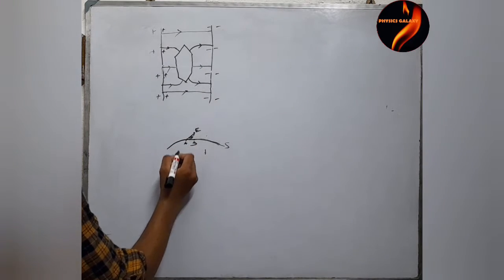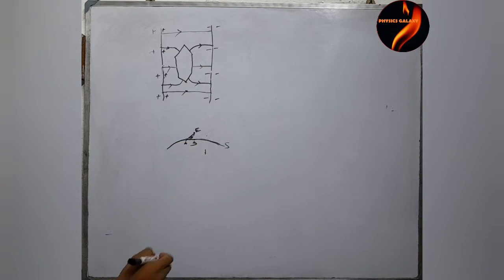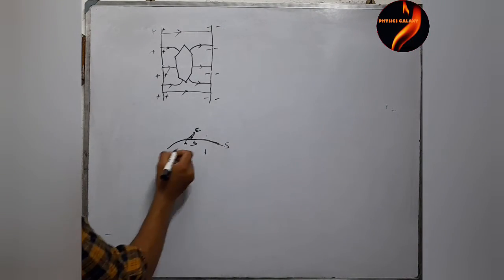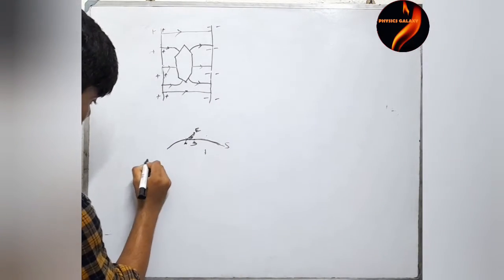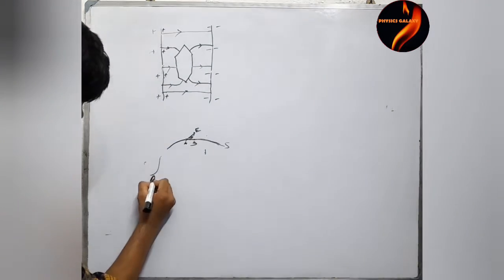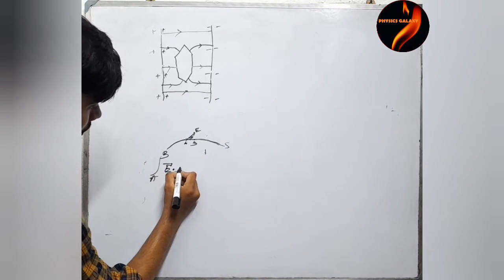Now if I move a charge Q from point A to point B, then the work done by the worker against the field should be the curve integral from A to B of E dot dl.